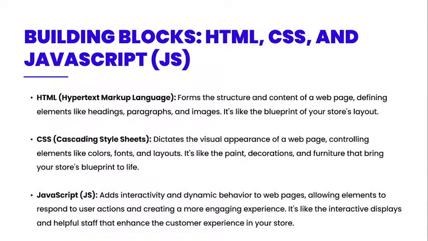HTML liked to make strong and solid houses on the internet. One day, a decorator named CSS came along. CSS was really good at making the houses look pretty with colors and styles. But a house is not just about looks, it also needs to work well. So a handyman named JavaScript joined in. JavaScript made sure everything inside the house works smoothly.